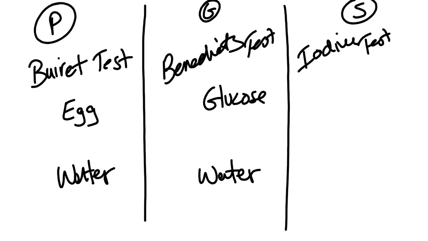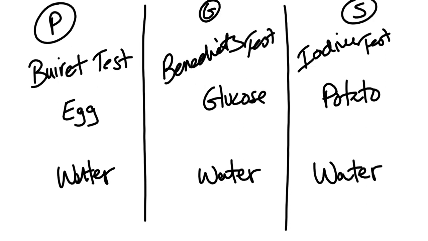So the solution that is going to act as our positive control is going to be some potato starch, because we know that potatoes contain starches. Okay? And then, again, like the other two, water is going to act as our negative control because water does not contain starch. Okay? So those are our three tests.